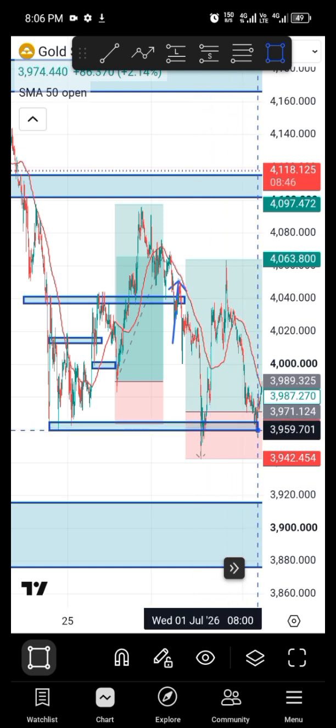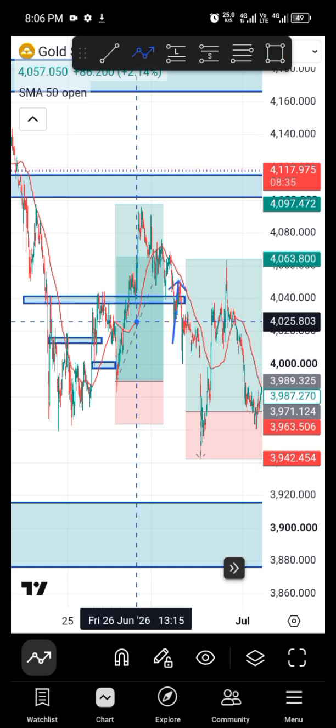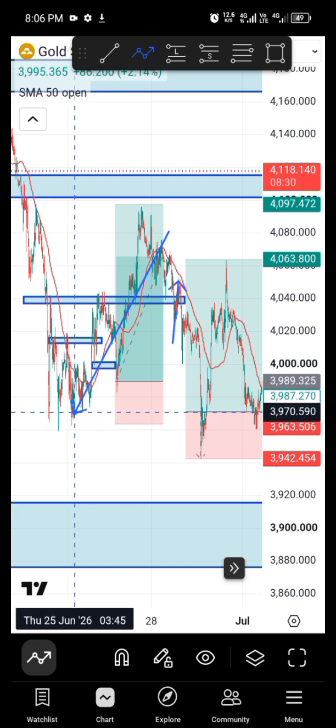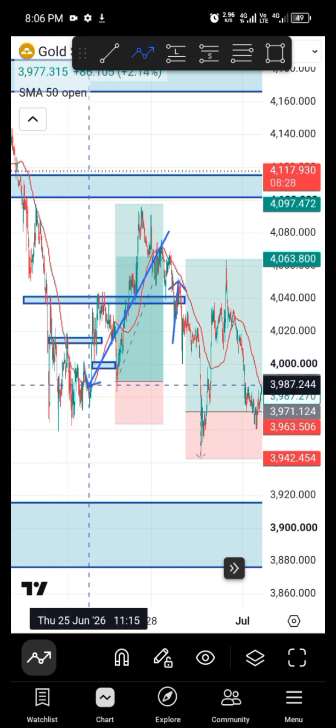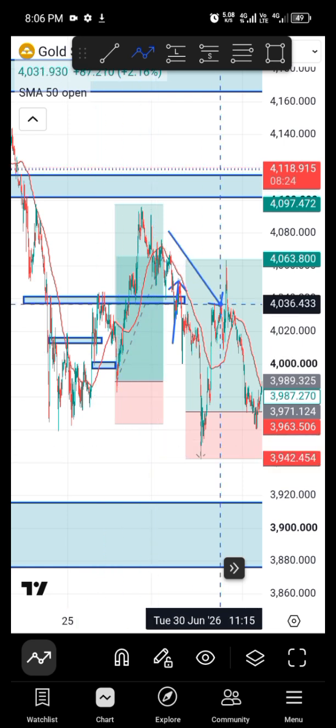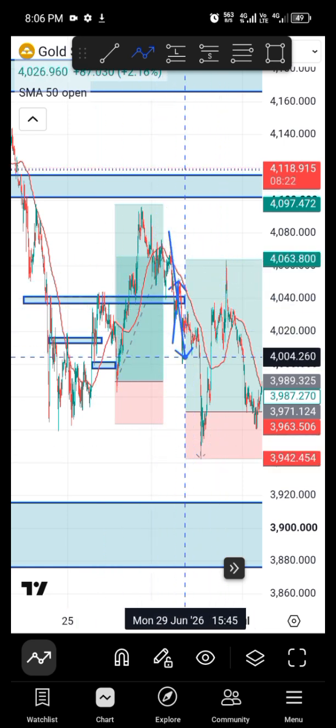This is called the liquidity sweep. Once there is a stack of price here, there are usually stop losses below this range. What the market will usually do is sweep all the stop losses here and rally up to the upside.